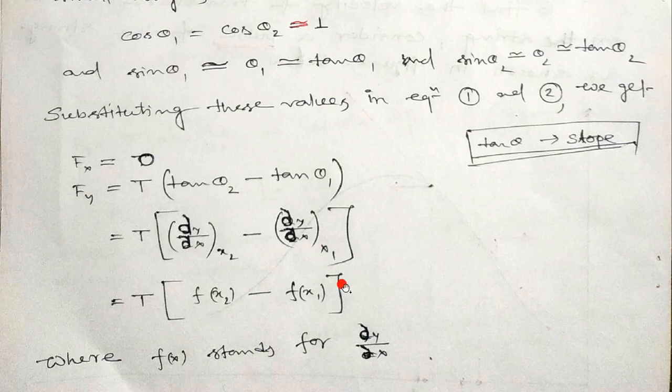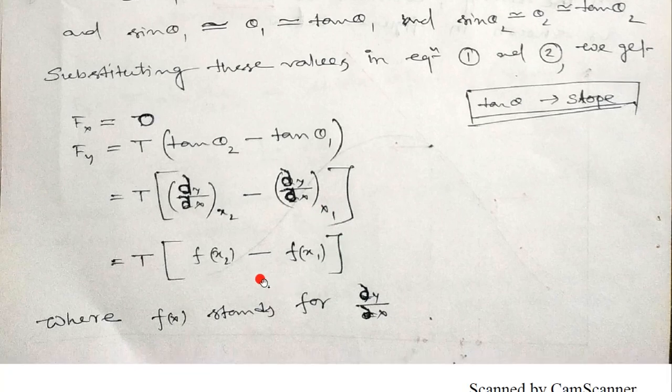And now, if we represent del y del x in terms of a function f(x), then del y del x at x equal to x2 will be f(x2), and similarly del y del x at x equal to x1 equals f(x1).